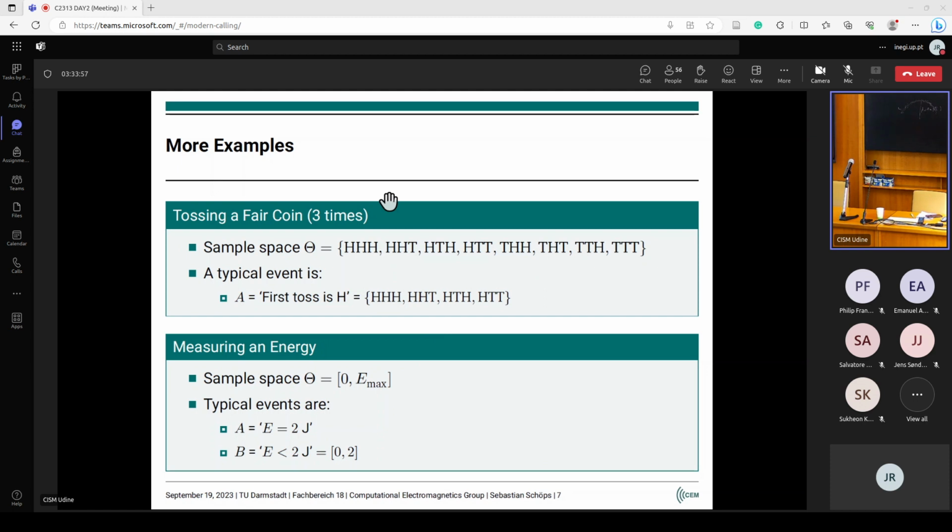This can be general, or it can be with more complex examples. You can toss a coin and distinguish between heads and tails, and then, for example, you may ask, what's the probability that the first toss is heads, and then you get essentially 4 cases. If you have a good intuition of probability, you immediately realize that what I need to do is understand how often this occurs.